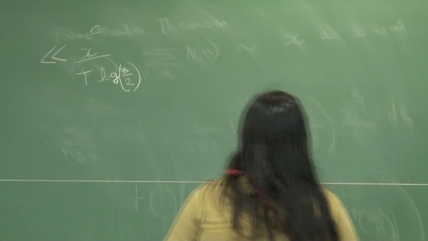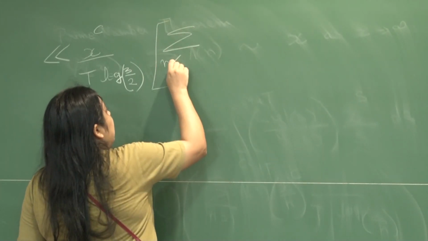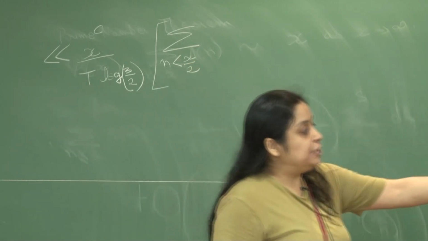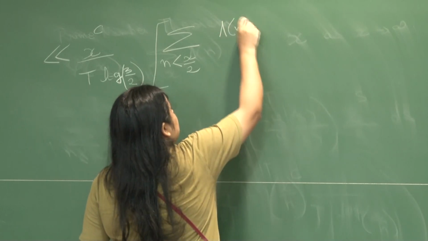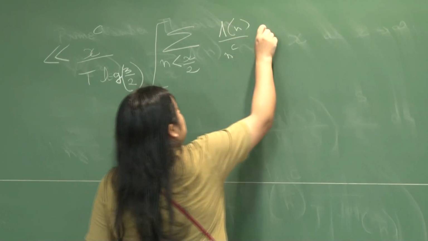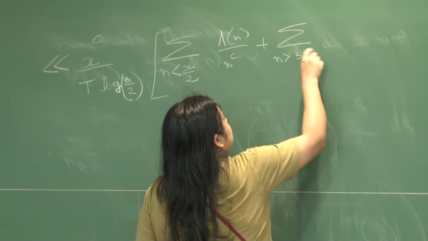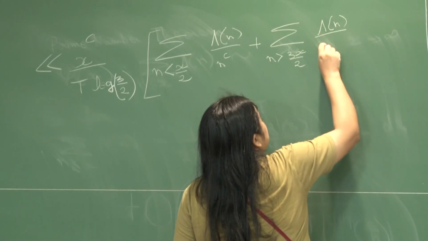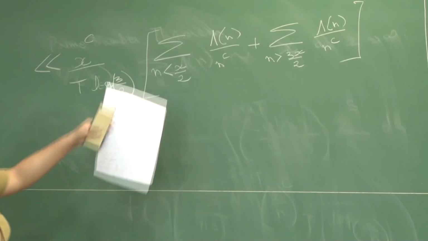And then what are you left with? The sum over n greater than x by 2 of lambda of n over n to the c, plus the sum over n greater than 3x over 2 of lambda of n over n raised to the c. So what do you have?